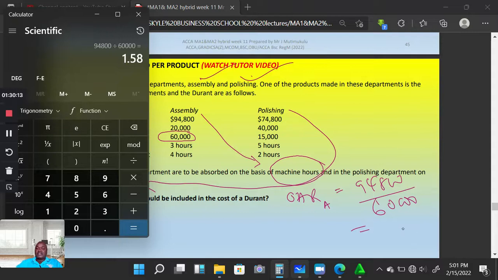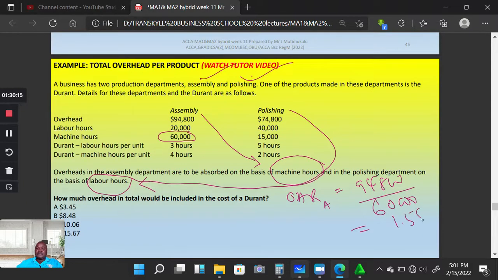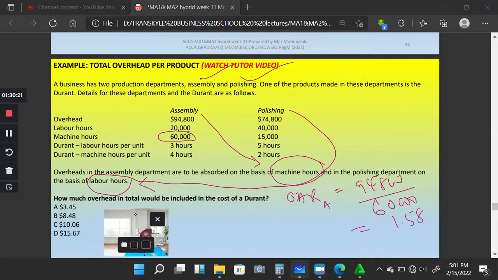That's $1.58. Looking at the choices, there is no $1.58, so you are not yet through with the question. The question is testing your understanding of the OAR, but it's not actually asking for the OAR. Be careful there.